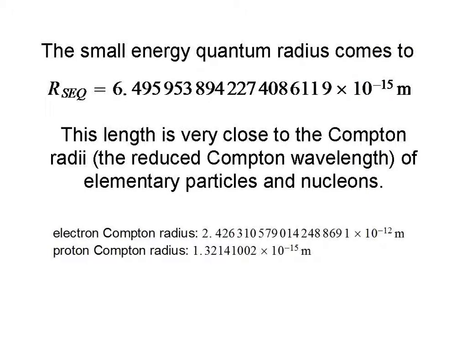Our value for the radius of the small energy quantum is very close to the Compton radius, the reduced Compton wavelength, of elementary particles and nucleons. The electron's Compton radius, for example, is about 2.4 times 10 to the minus 12 meters. The proton's Compton radius is about 1.32 times 10 to the minus 15 meters.